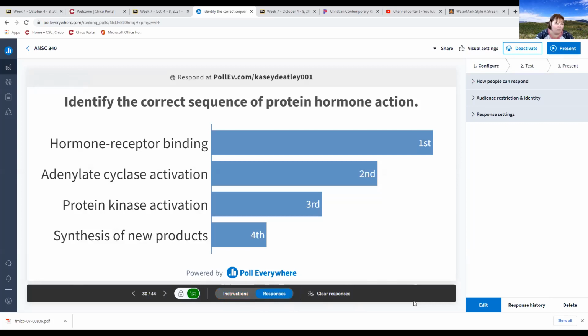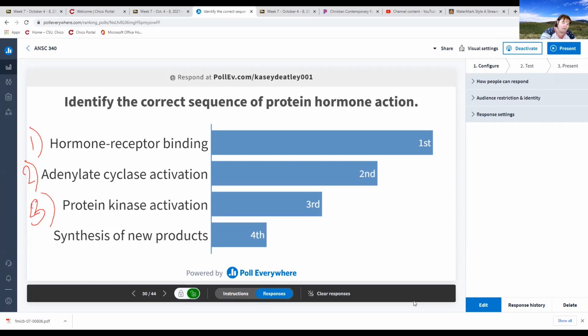First and foremost, the hormone has to bind, right? And then we see adenylene cyclase being produced in response to that G protein changing configuration. Adenylene cyclase is then converted into cyclic AMP, and cyclic AMP is then going to be converted into protein kinase.